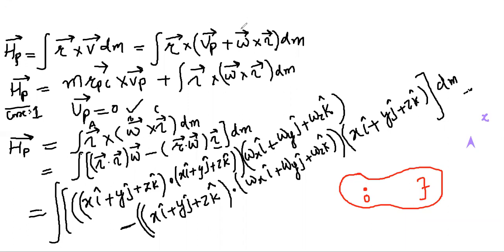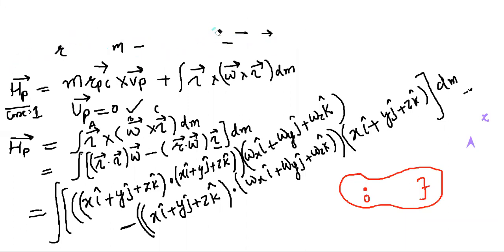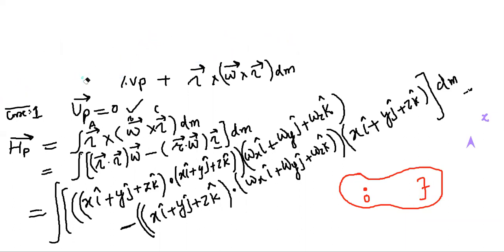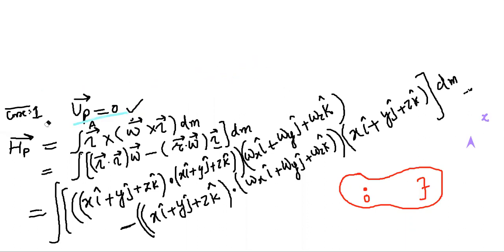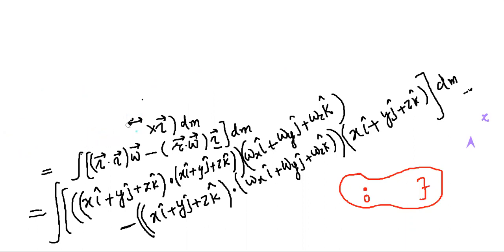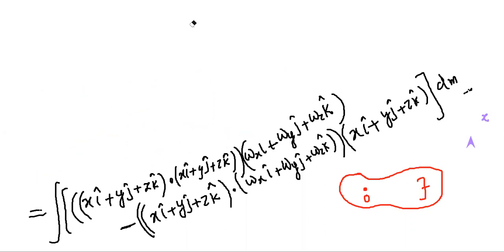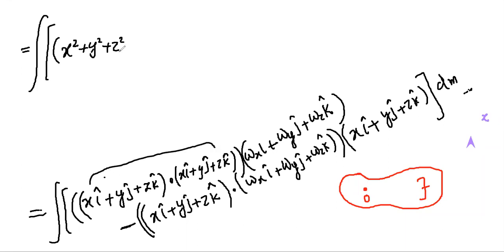After writing this equation in this form, we can simplify it further. We can write this as the integral of x into x is x square, so the dot product between these two will be x square plus y square plus z square.